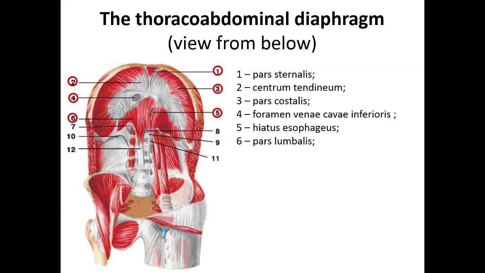It originates by 2 large crura: crus dextrum, number 12, and crus sinistrum, number 11. And then these crura pass laterally and form two special arcs.